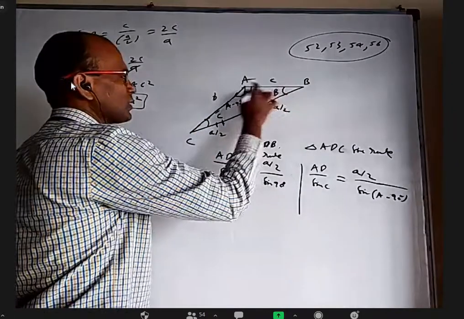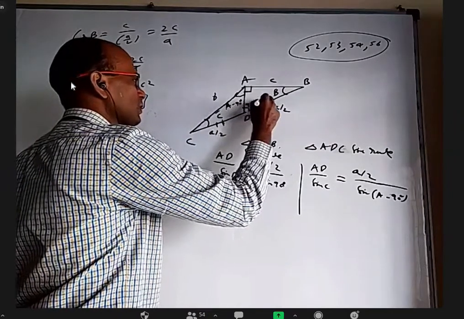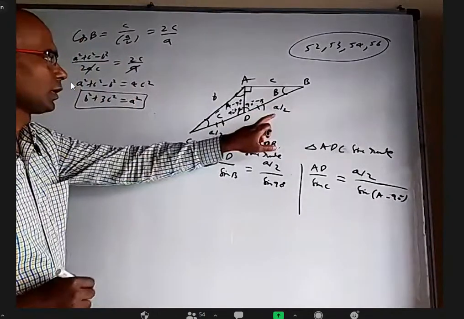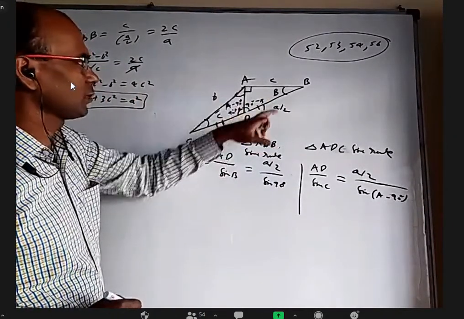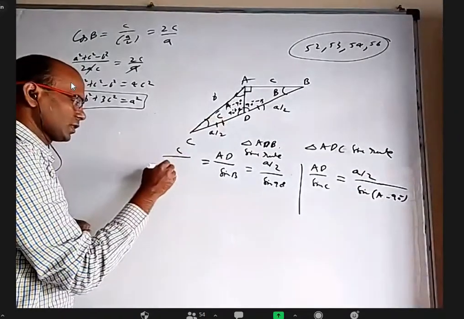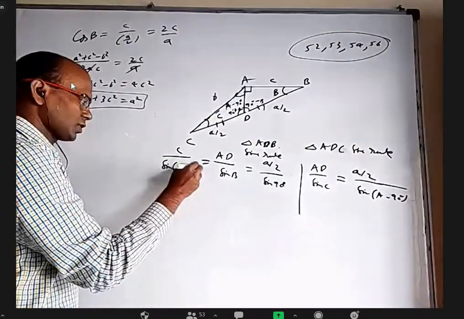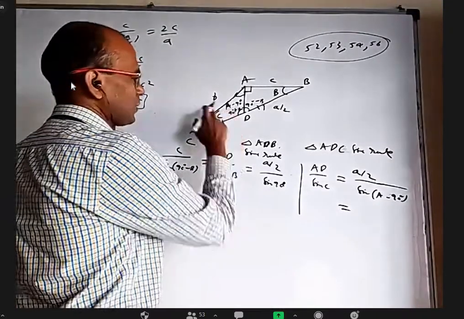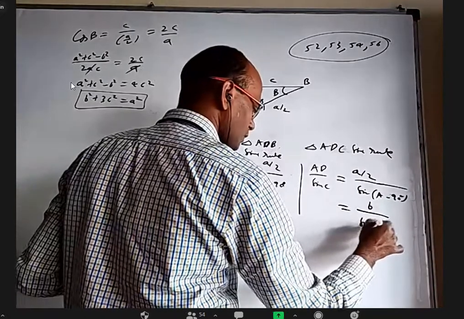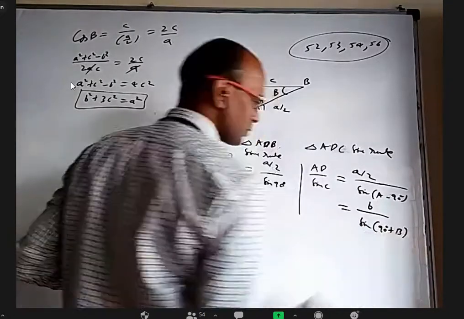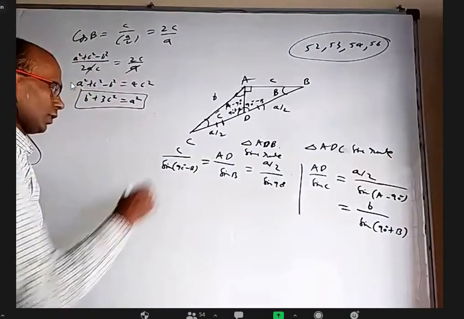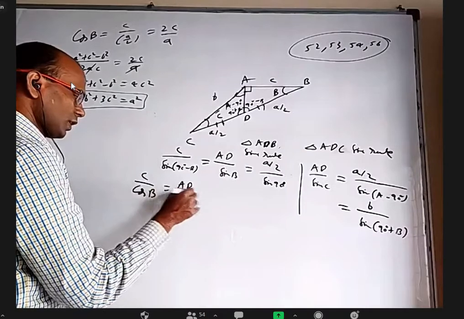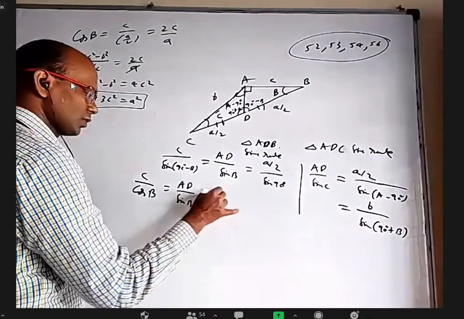This is 90, this is B, so I can write 90 minus B; this is 90 plus B. So I wrote AD, A by 2, C by sine 90 minus B, and small b by sine 90 degrees plus B. So this is C by cos B is equal to AD by sine B equal to A by 2.